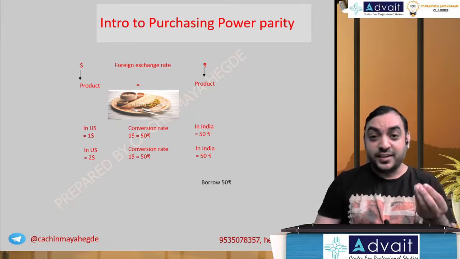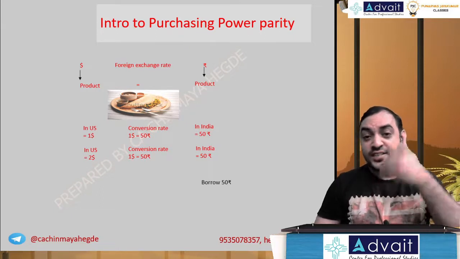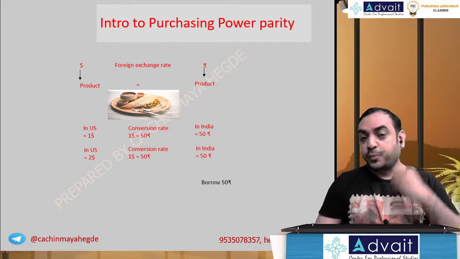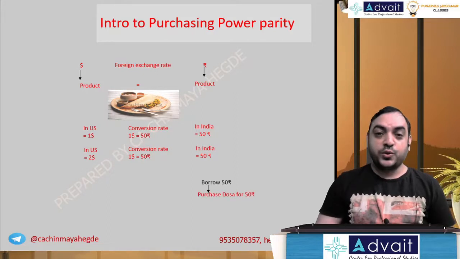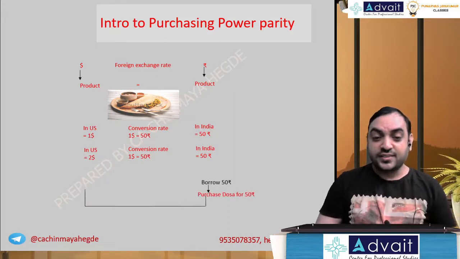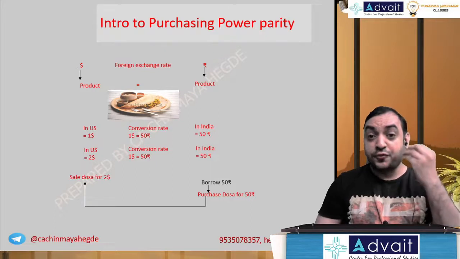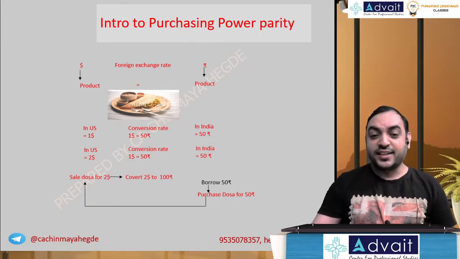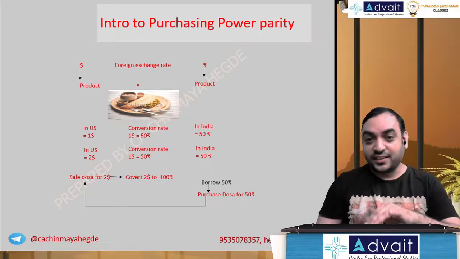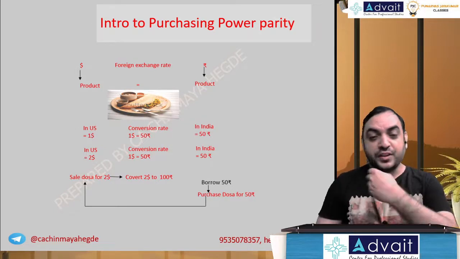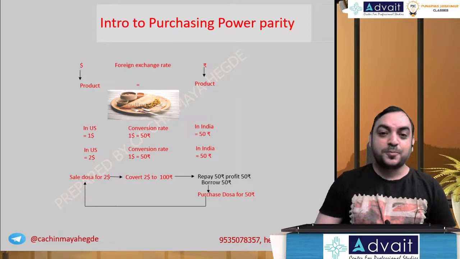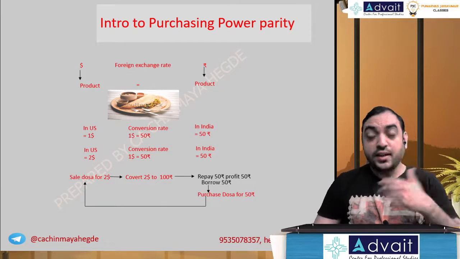But where do you have the money? An arbitrage process should always start with zero rupees. So we borrow 50 rupees. With that 50 rupees, in India, you buy one masala dosa, go to the US, and sell that masala dosa for $2. Come back to India, convert it at 100 rupees, repay the 50 rupees you borrowed, and ultimately you have 50 rupees of riskless profit. That is what the parity theorem is trying to tell.